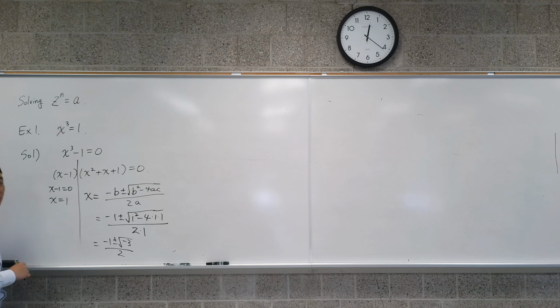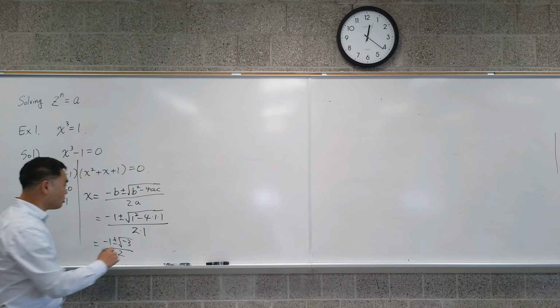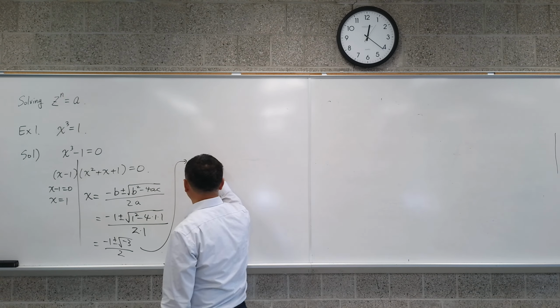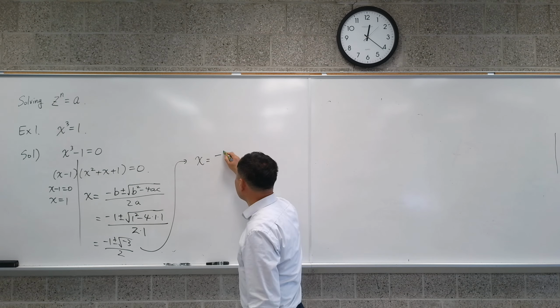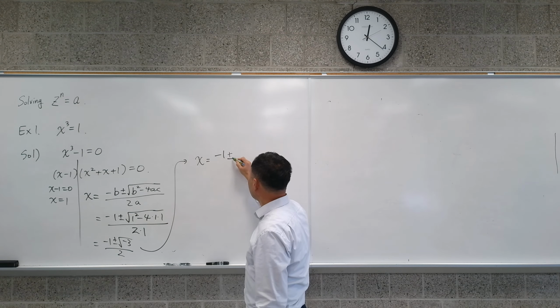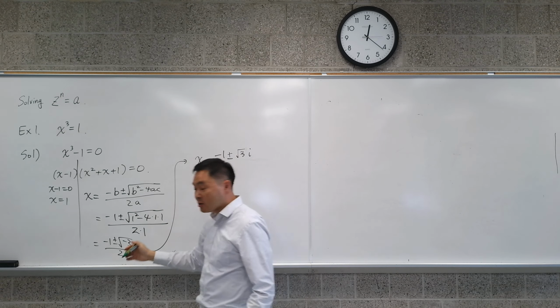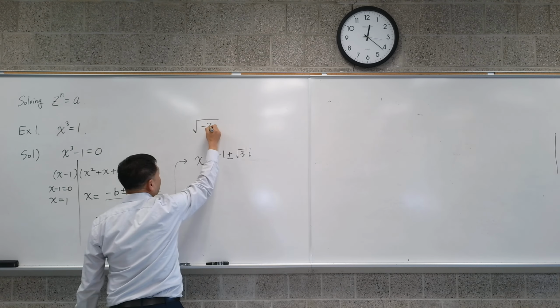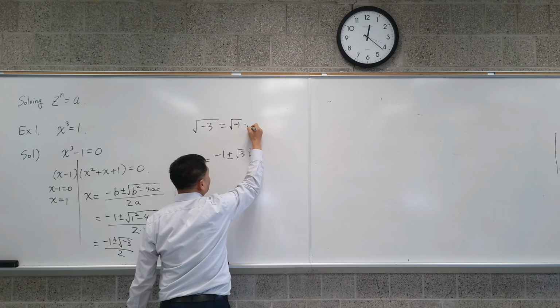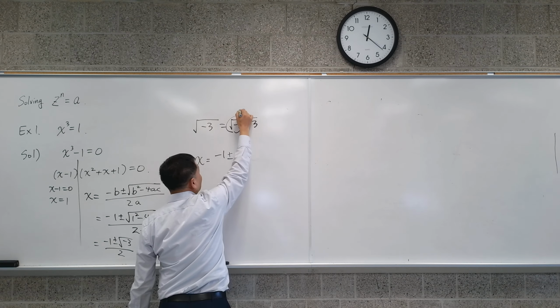And because you see a negative inside the square root, you can rewrite this by saying that x is equal to negative 1 plus or minus radical 3 i. I'm breaking up the square root of negative 3 as the square root of negative 1 times radical 3, and the square root of negative 1 is equal to i.